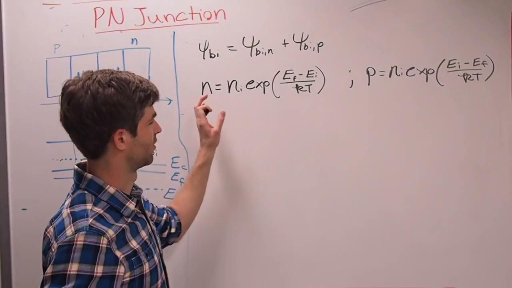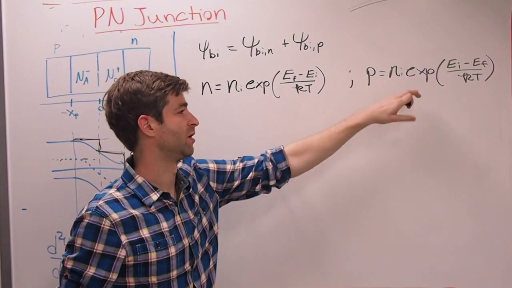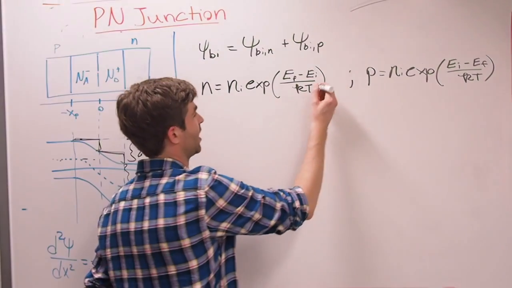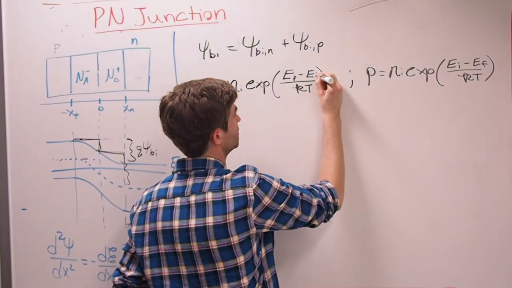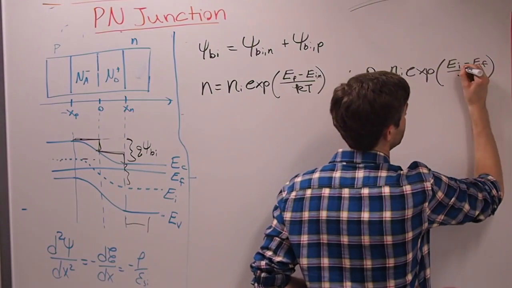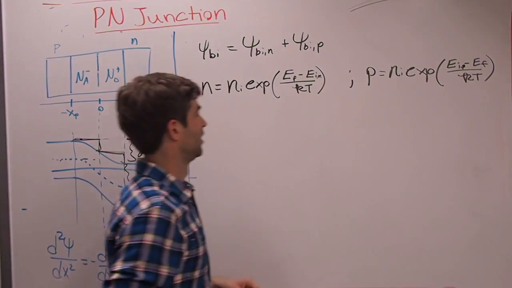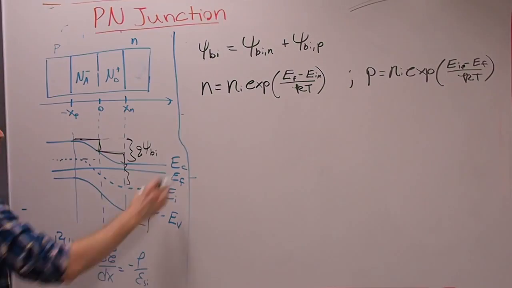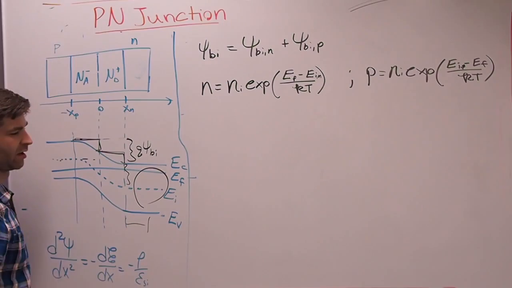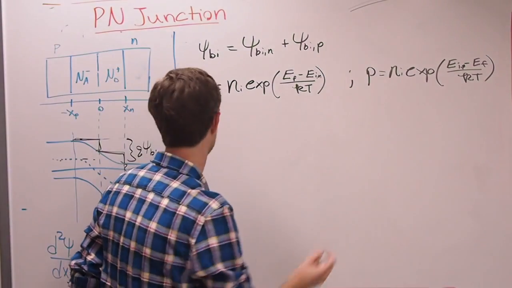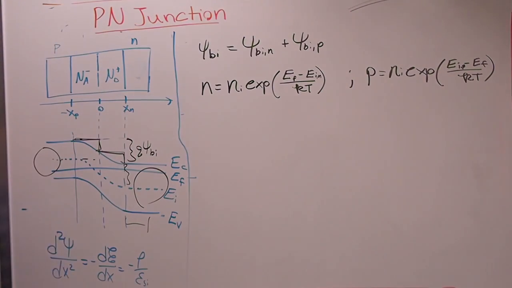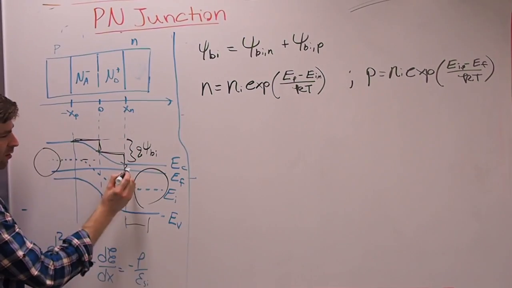We consider this just to be in the N region and this to just be in the P region. So you can write this as EIN, right, and this is EIP, right? And so this equation corresponds to this region over here, and this equation here corresponds to this region over here, right? So we wanted to go from here all the way to here.